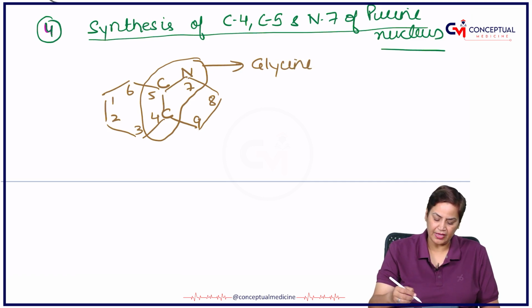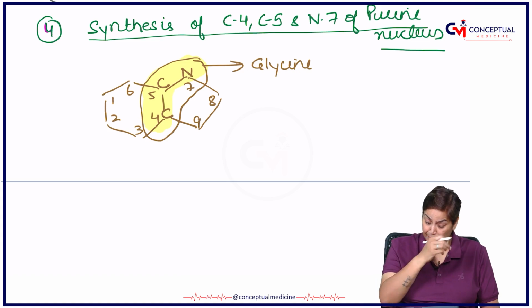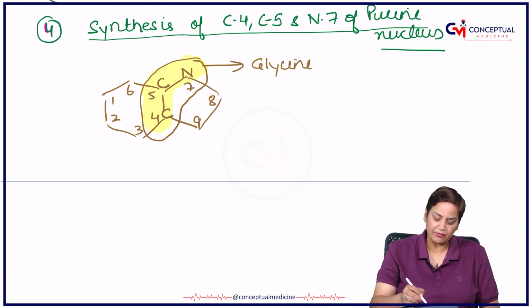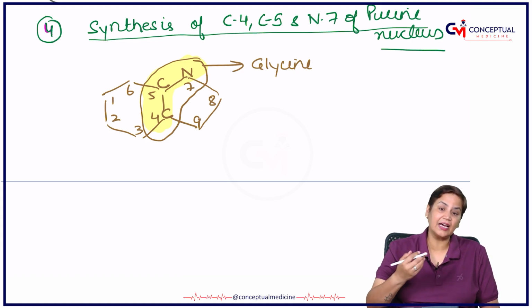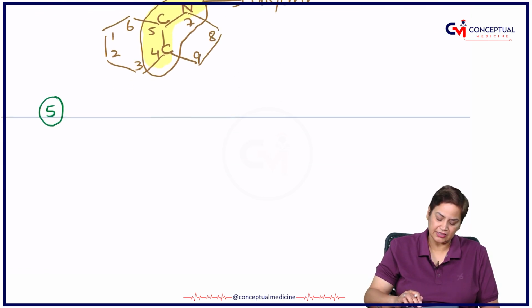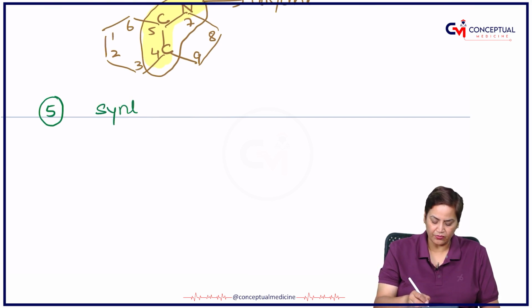This is also a very important feature of glycine, that C4, C5, in fact the major backbone of purines, is coming from glycine. So these are the important functions, and along with these, glycine is required for the synthesis of bile salts or bile acids.